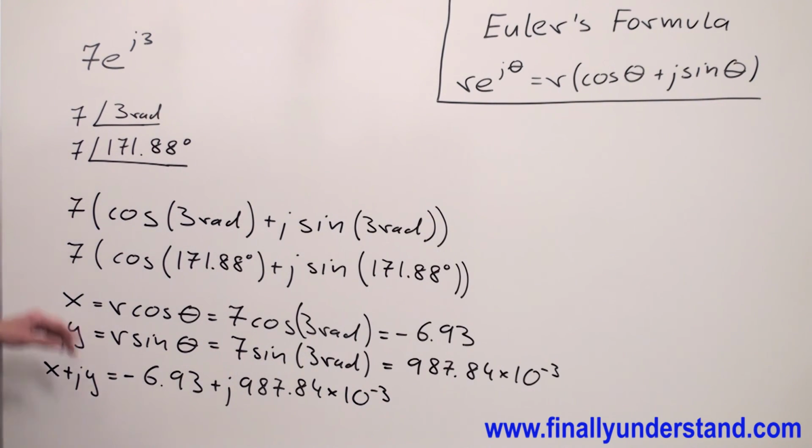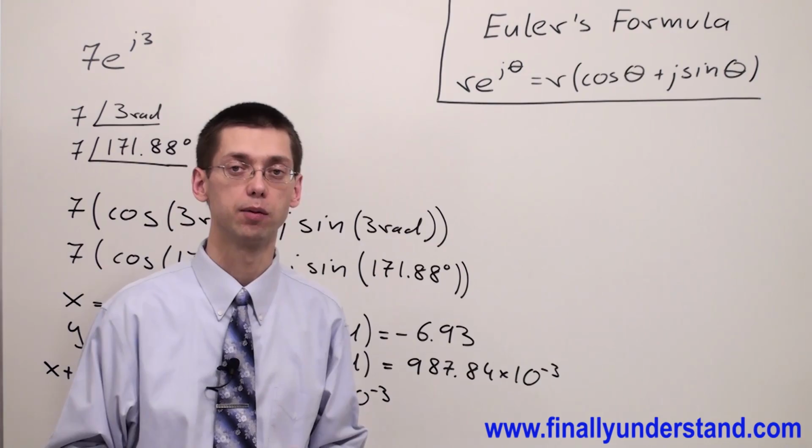So we found the polar form, we found the trigonometric form, and we found the rectangular form. So we can say that the problem is solved.